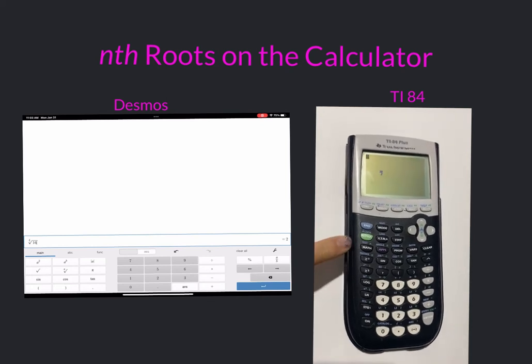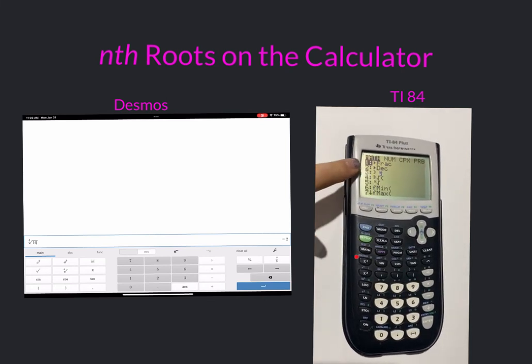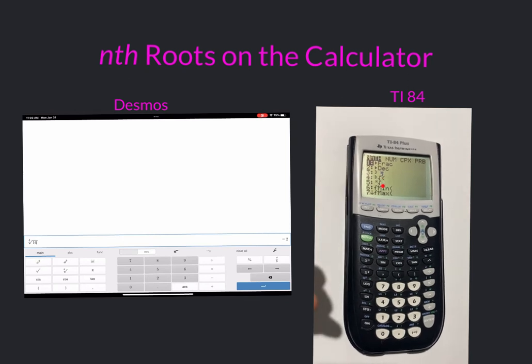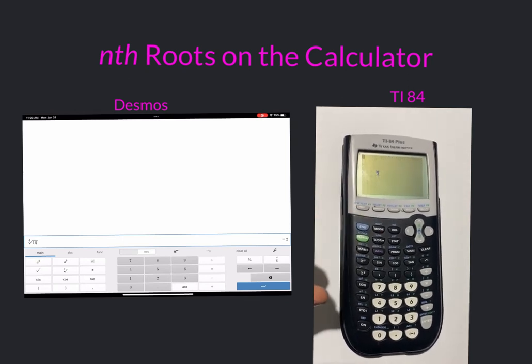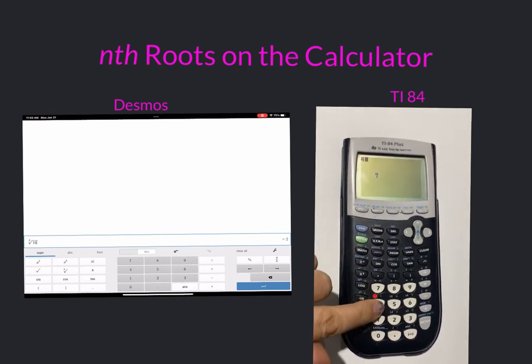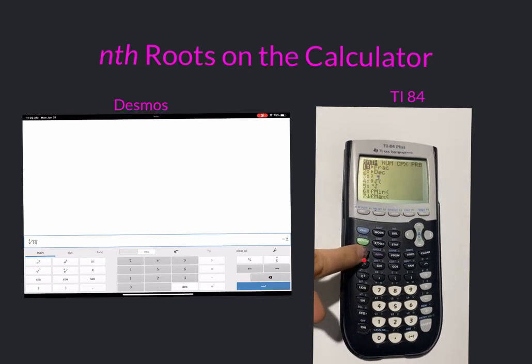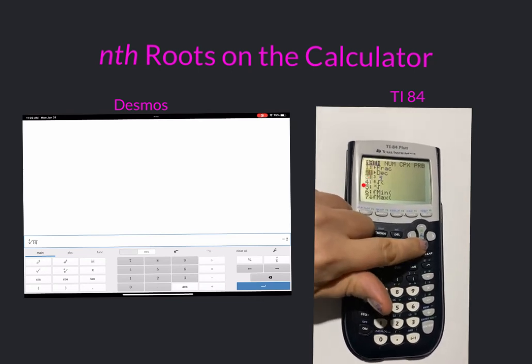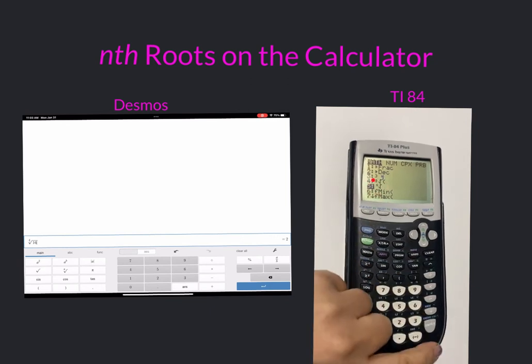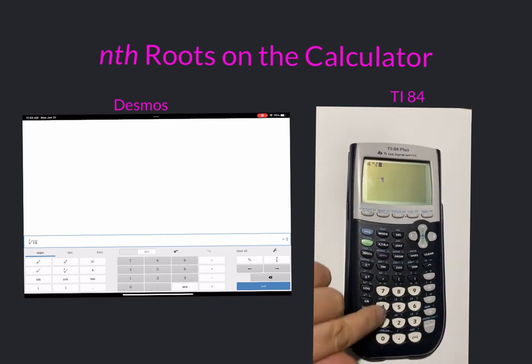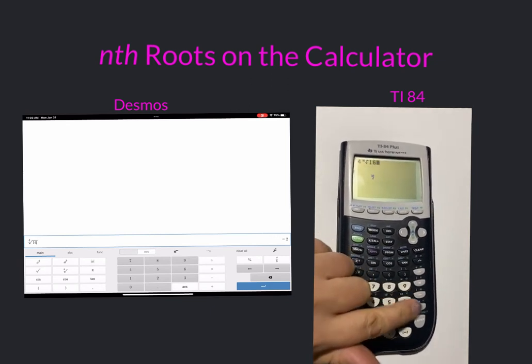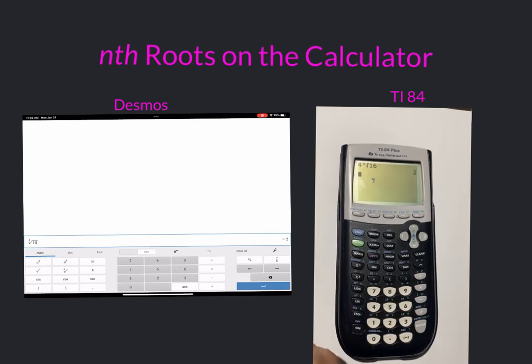Or on a graphing calculator, if you hit the math button, you see the different roots, but you have to tell what root first. If you want the 4th root, you hit 4, then math, go down to number 5, x root. That's saying the 4th root; type in 16, and the 4th root of 16 is 2.